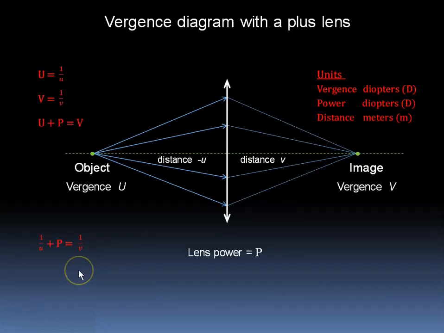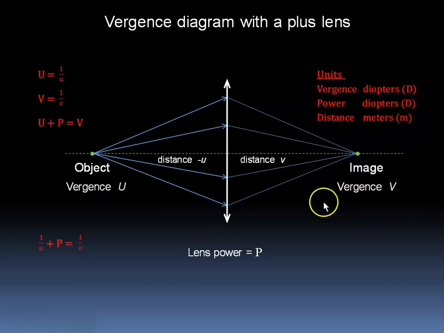Here we see a vergence diagram with a plus lens. There is an object giving off light, which is divergent, at a distance minus u, and the convergent light ends up back at a point at a distance v away from the lens. Small u and small v for distance, capital U and capital V are used to indicate vergence.